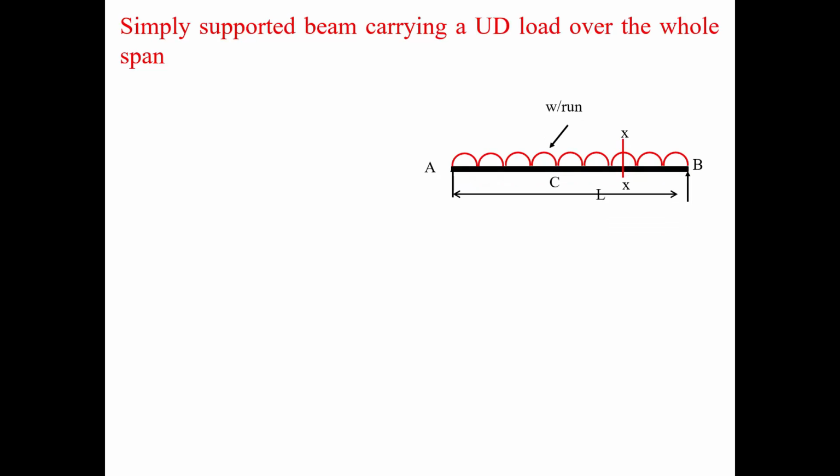So let us say we have a simply supported beam which is supported at points A and B, and the intensity of load is w per unit length, total span is L, and the center is, let us say, C. First of all we evaluate the reactions at A and B. So the reactions RA and RB will be equal and will be half of the total load.